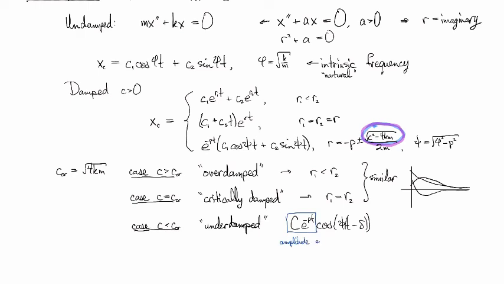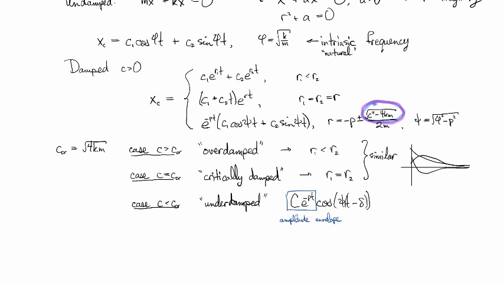This part right here I would call the amplitude envelope. What I mean by that is that if you are going to graph this function, you would start with that amplitude envelope. It's going to be some decaying exponential, something like that. It's going to be oscillating, so I'll also draw in the corresponding part on the negative side.